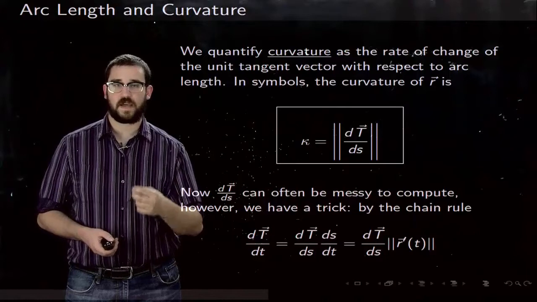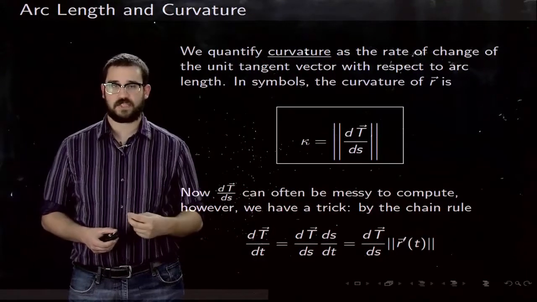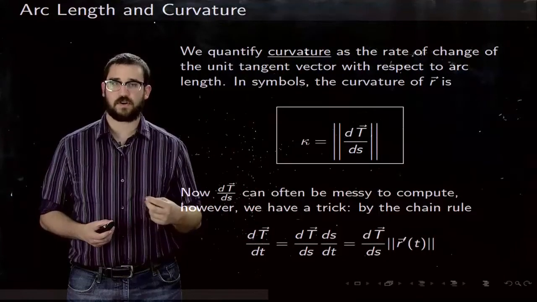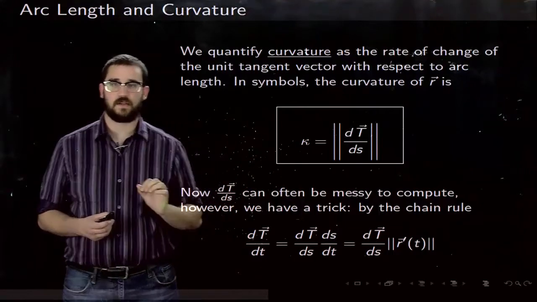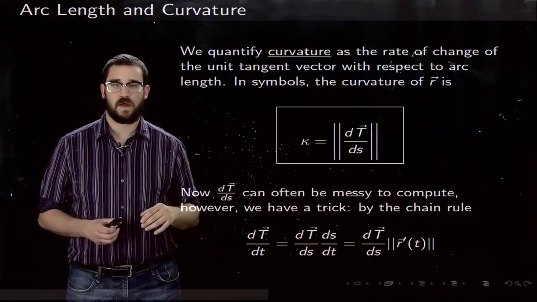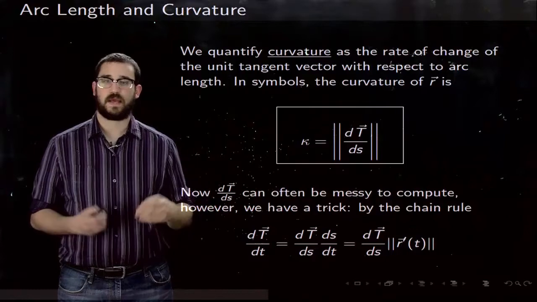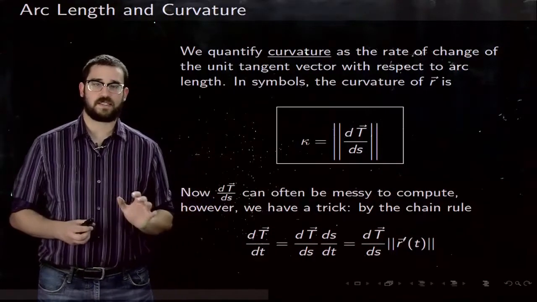We quantify curvature as the rate of change of the unit tangent vector with respect to arc length. In symbols, the curvature of r, this little k, this kappa, equals the magnitude of dT/ds. Now dT/ds can often be quite messy to compute, but we have a nice little trick.